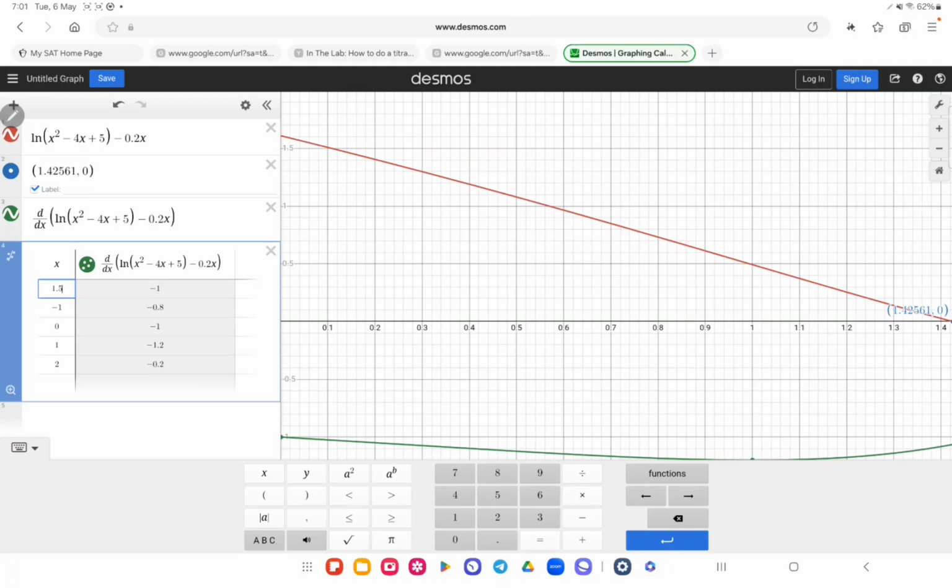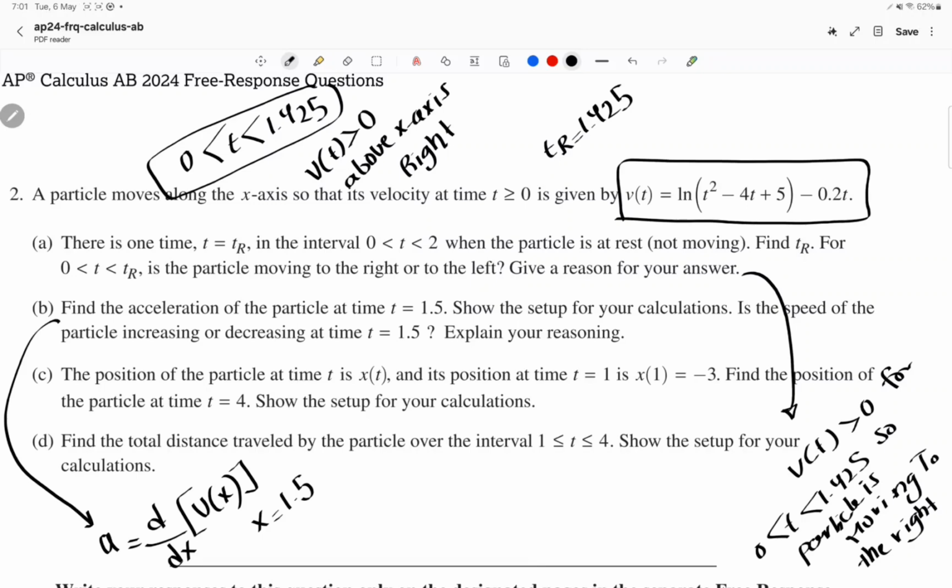So when time is 1.5, our acceleration is going to be -1. So come back here and write that a of 1.5 is equal to v prime of 1.5, which equals -1. Okay, so far so good.